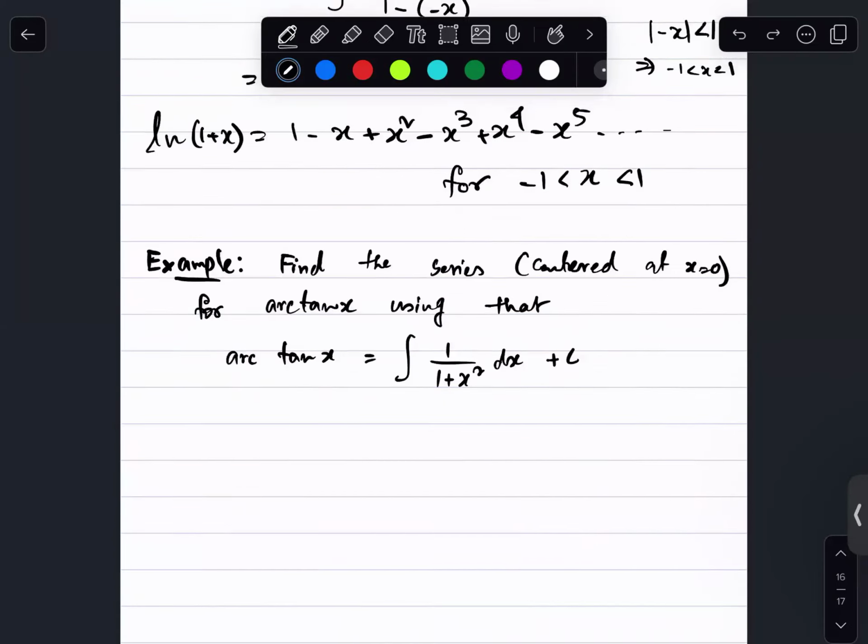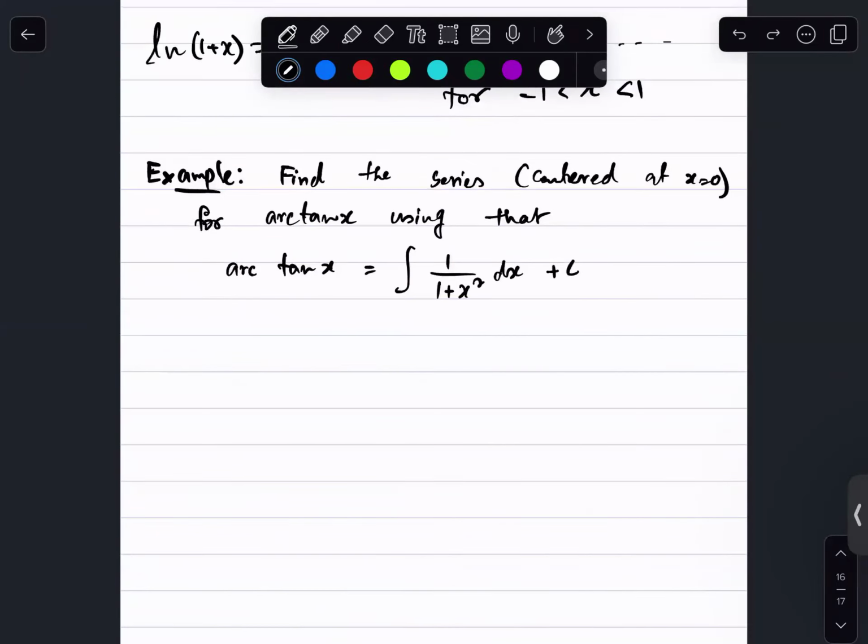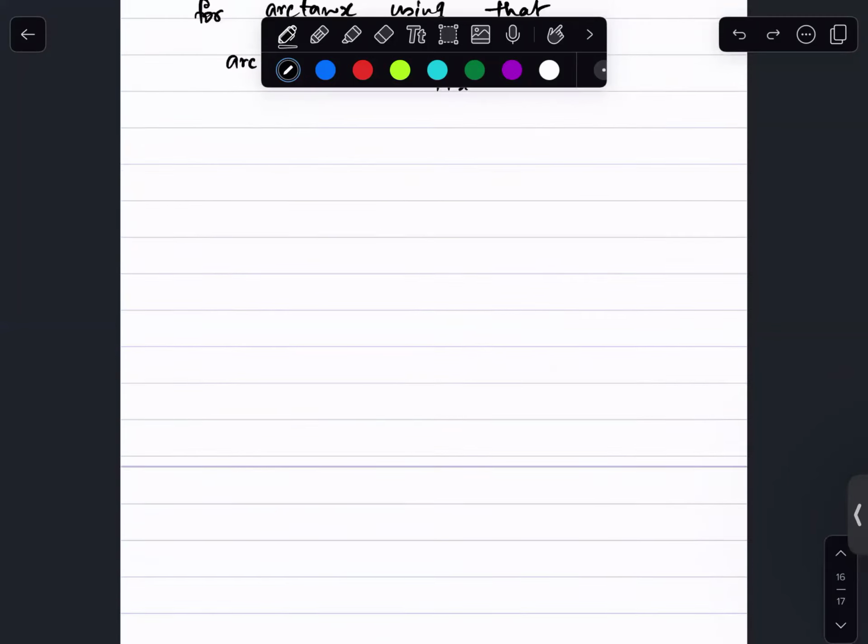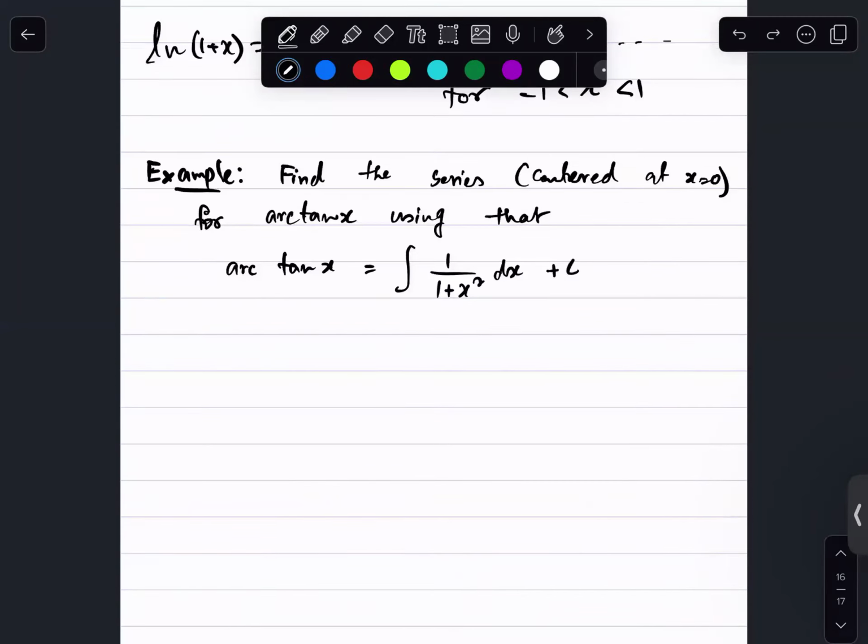Okay, fine. For the next example, I have to find the series centered at x equal to 0 for arctan x using this expression. This is quite interesting because arctan x is given as the integral of 1 over 1 plus x squared dx plus c, right?